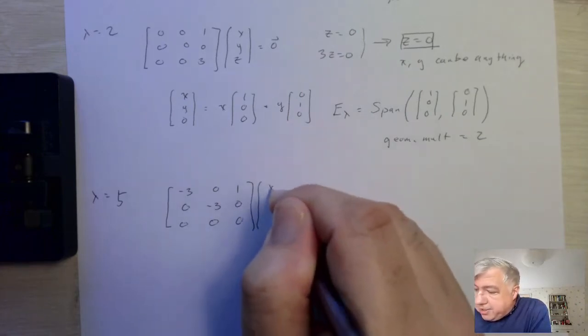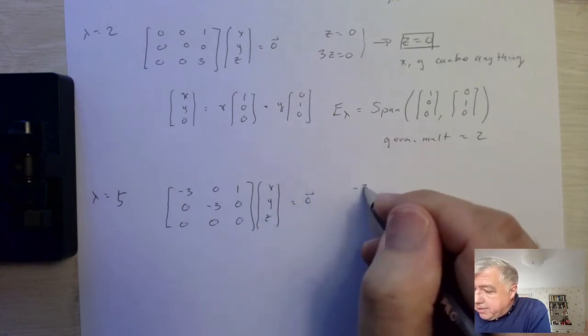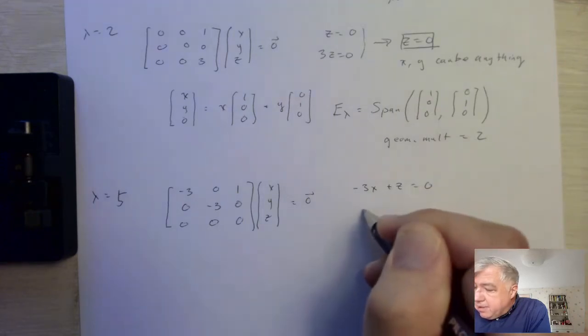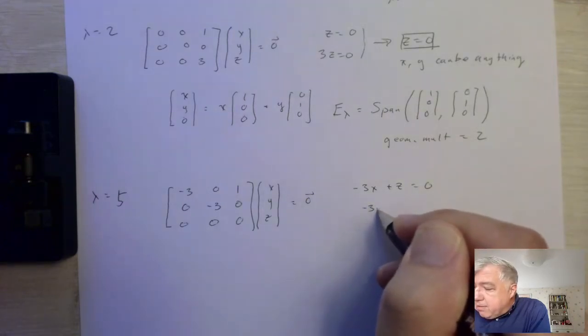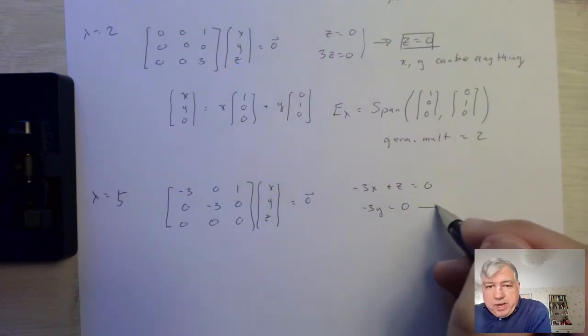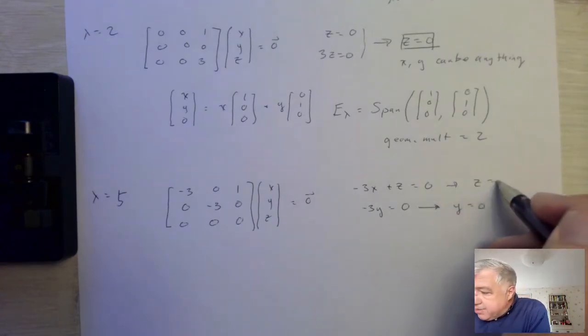To find the null space, we get negative 3x plus 0y plus z equals 0, then negative 3y is 0, and then 0 equals 0. So from here, y has to be 0, and z is 3x.